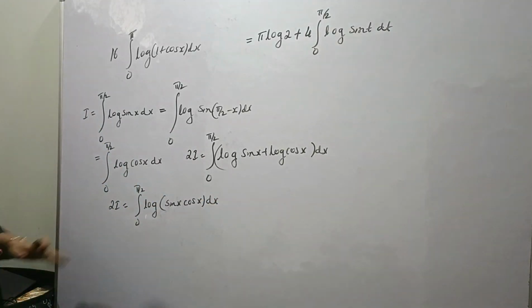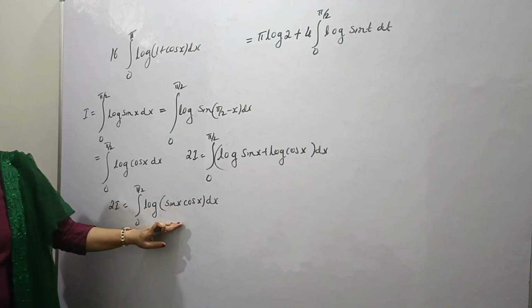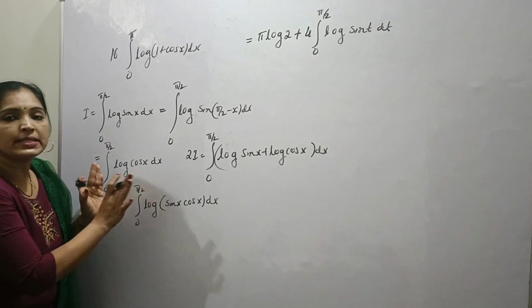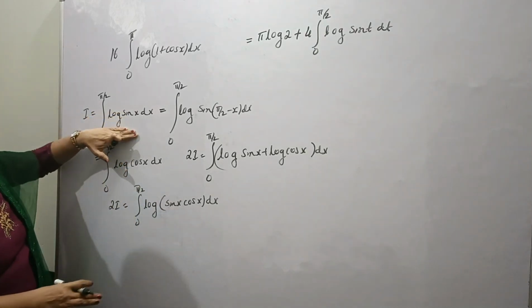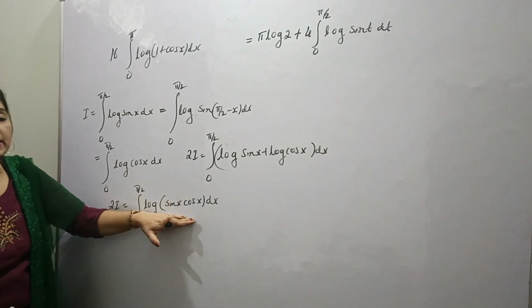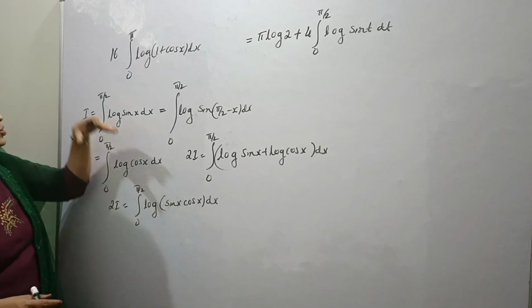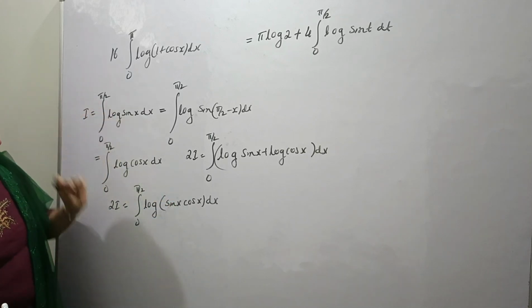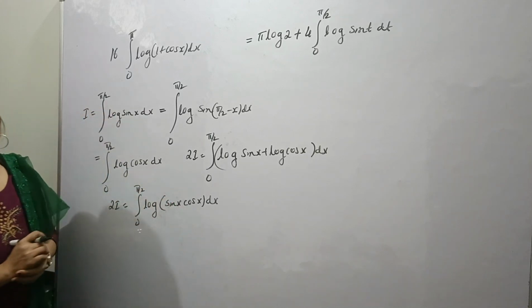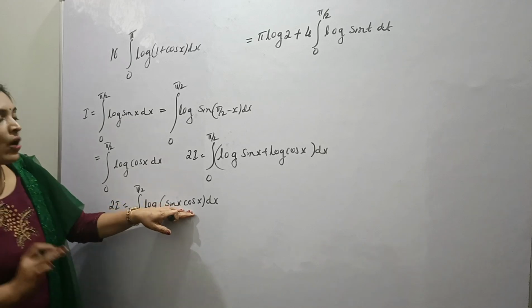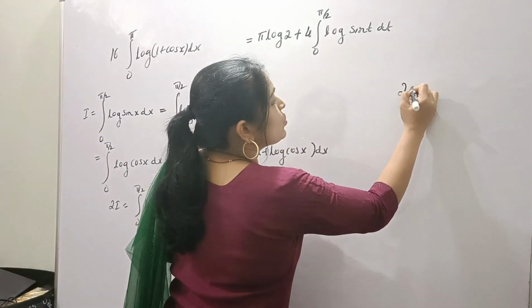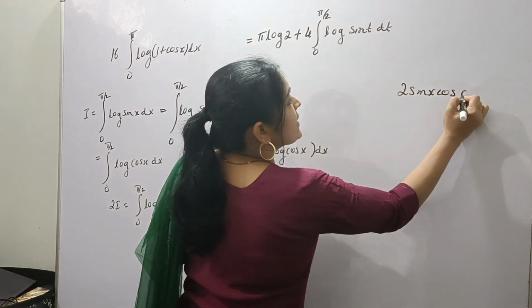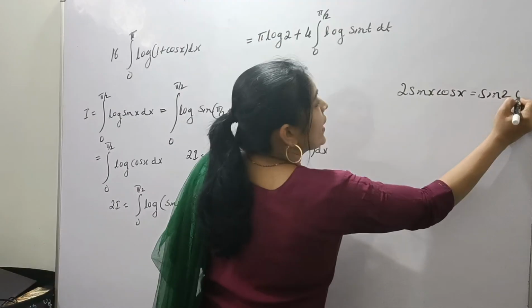See, here we cannot integrate it directly, so we will change this integral into another form. For that we have to apply a trigonometric identity. We have the identity 2 sin x cos x is equal to sin 2x.